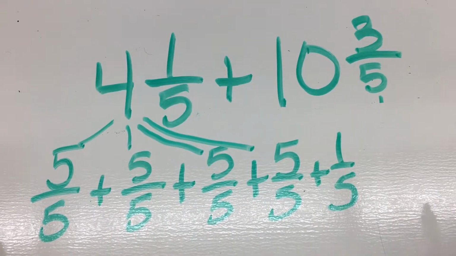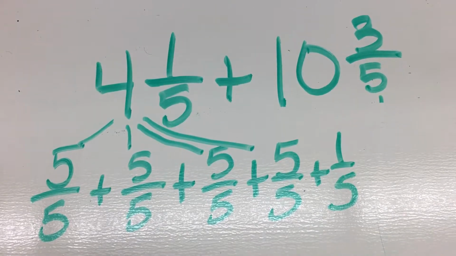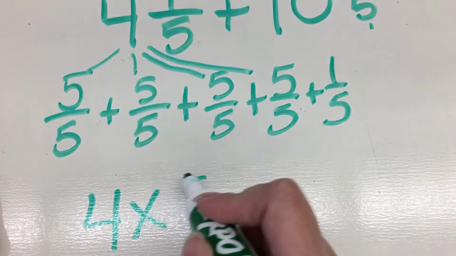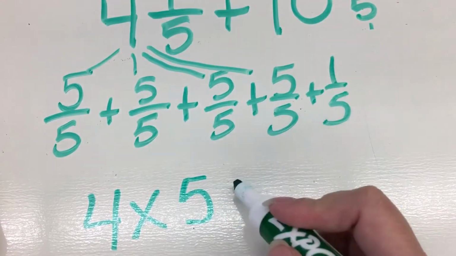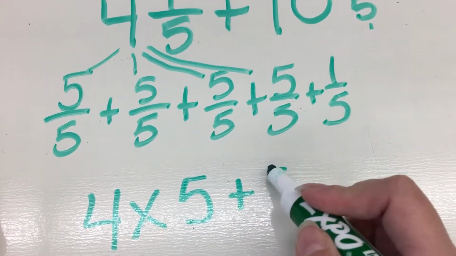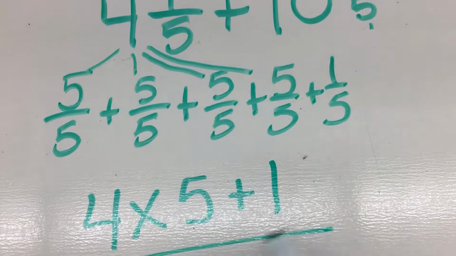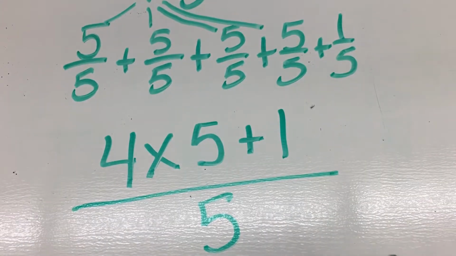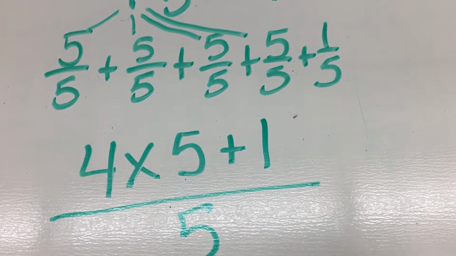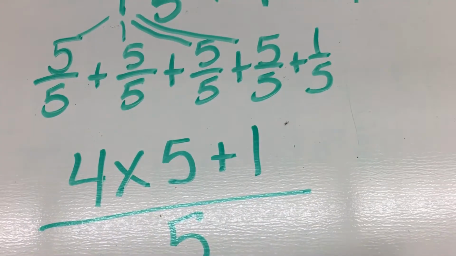So we add the 5/5, or we could say 4 times 5, and then we're adding one more fifth. So either one of those gets us the same number.